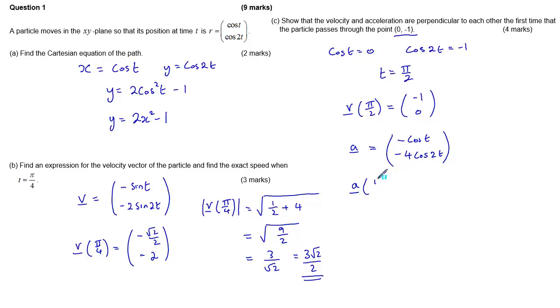So a of pi by 2, we know cos of pi by 2 is 0, and cos of pi is negative 1, so this will be positive 4. And if we do (negative 1, 0) and we dot that with (0, 4), we get 0.